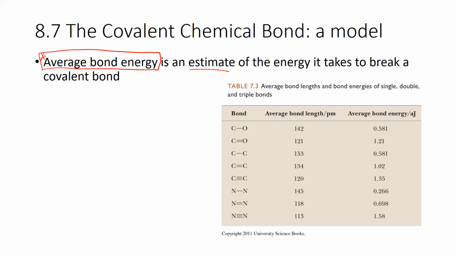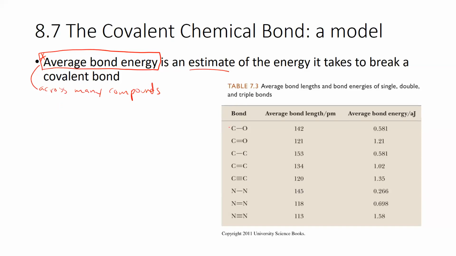It's the average across many, many chemical compounds. And these are experimentally determined values that we can use to estimate, for a chemical reaction, the energy or the enthalpy of that reaction. Okay, so that's one thing.